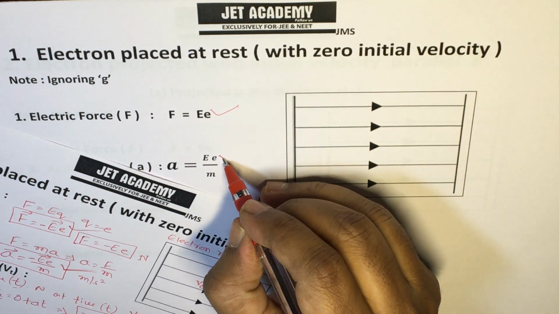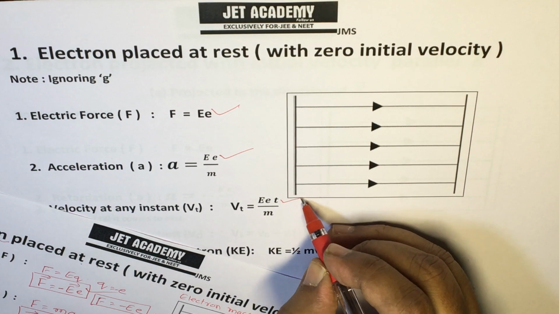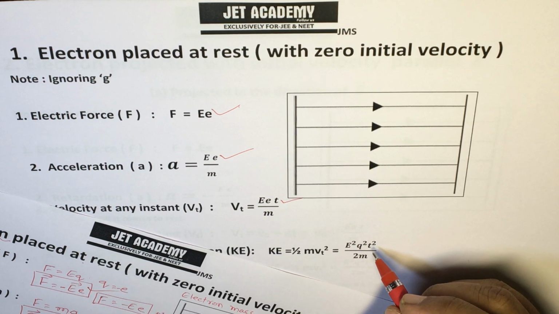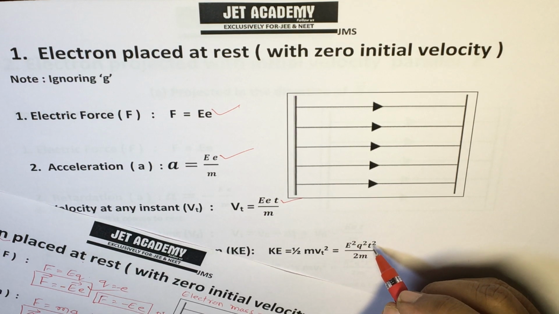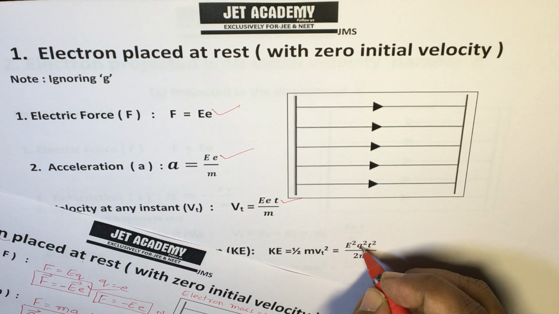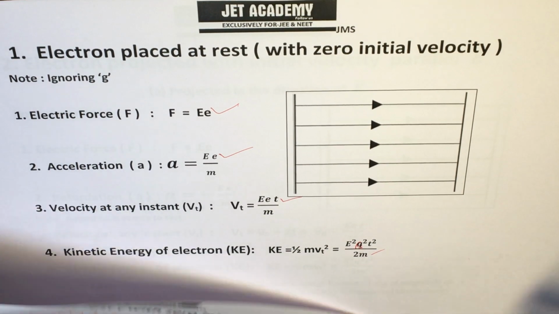Once you understand conceptually and can analyze the situation, there is no need to learn things by heart; it is going to be very easy. Here q square is nothing but, here I have taken e, E square t square by 2m.